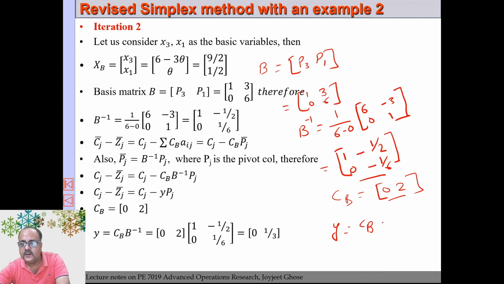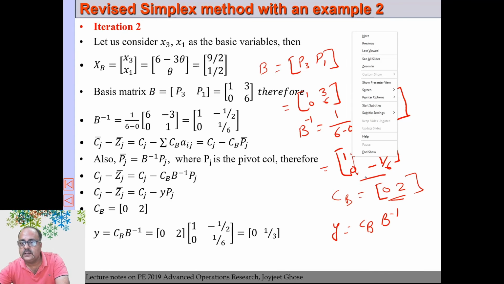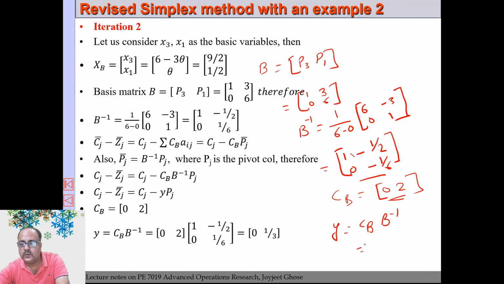So CB B inverse, so this into this will be equal to 0 into half plus this, it will give you 1 by 3. So y becomes 1 by 3.